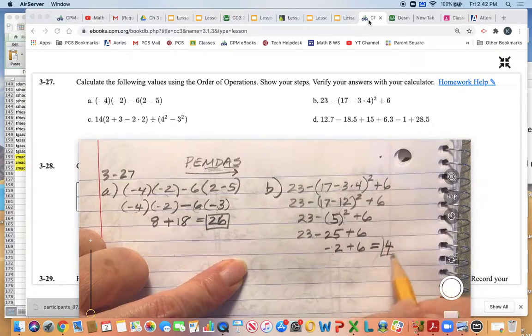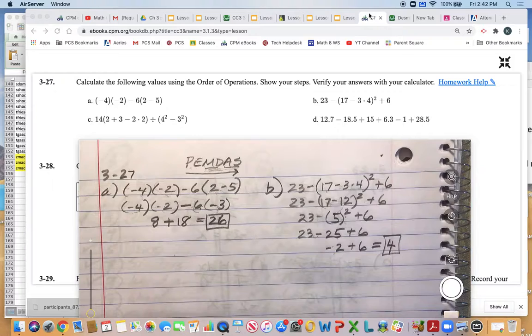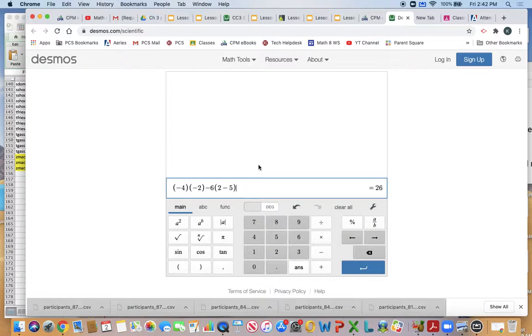All right, so now we can check that answer using our graphing calculator again. So let's clear this and type in the original expression, which was 23 minus, and we had parentheses and then a 17 minus 3 times 4, and then the other side of the parentheses, and it was squared, so we'll do that.